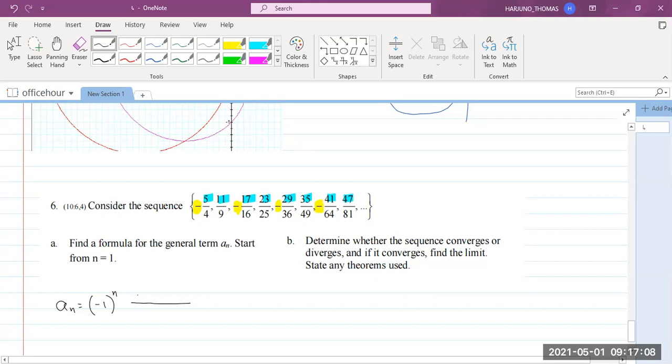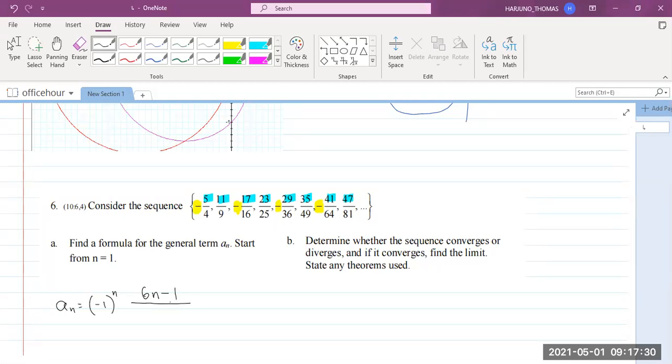The slope is 6, so it must be 6n plus or minus something. When n equals 1, you start from 5, so I subtract 1. Is it okay so far?